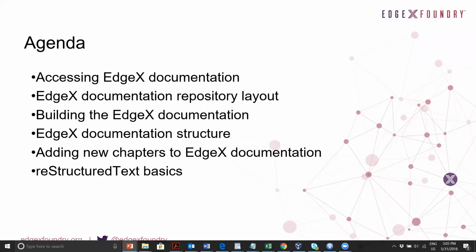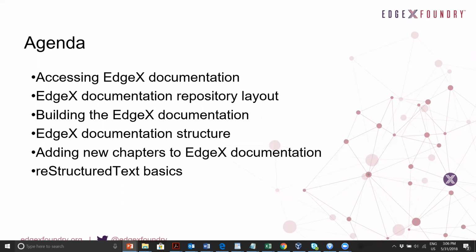Importantly, how to clone the repository, and then build the EdgeX documentation, and do the initial build, which actually creates a Docker image for the documentation build system, and then you use the same build system for doing updates or any additions.